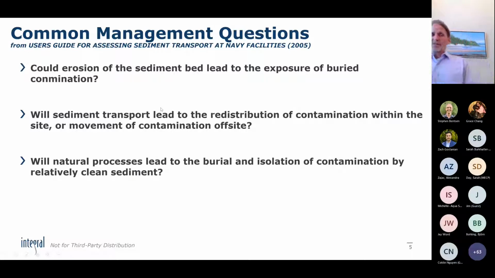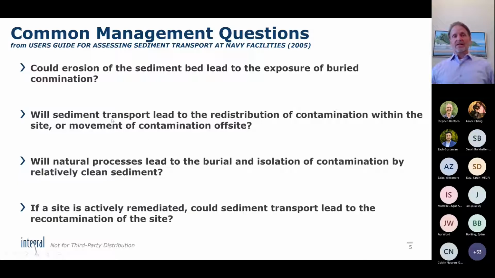And then, will natural processes lead to the burial and isolation of contamination by relatively clean sediment? So that's recovery. We talk a lot about recovery at sites, and clean sediment coming in naturally, or even enhanced natural recovery, where we can bring in clean sediment to help cap or protect contaminated sediment, is a critical thing that we're looking at in many of these sites.